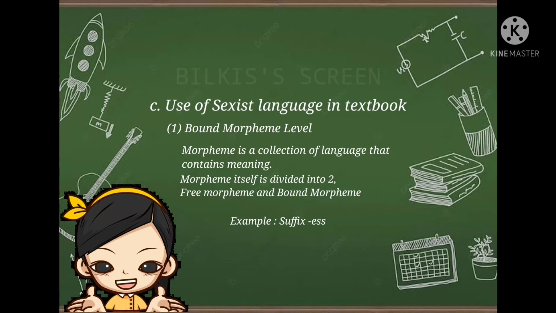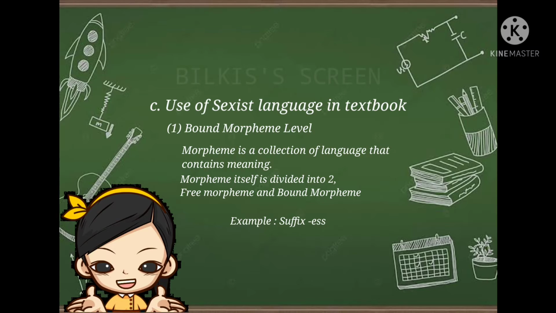For example, like the suffix -ess for stewardess, waitress, princess, actress. To distinguish the designations because the person is a woman, it's necessary to give the final suffix -ess.